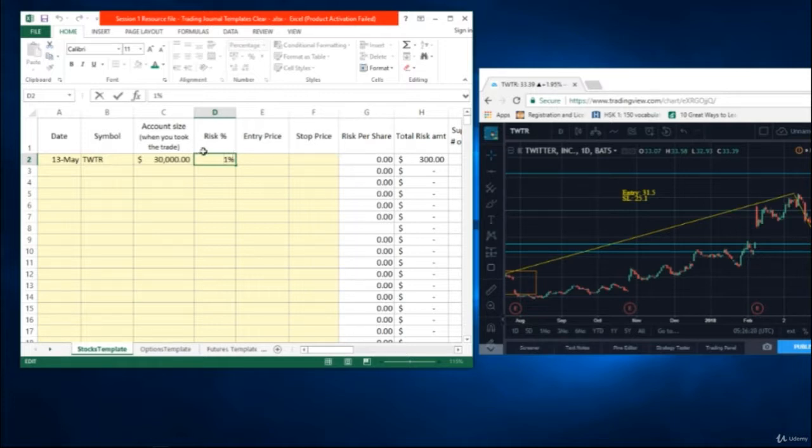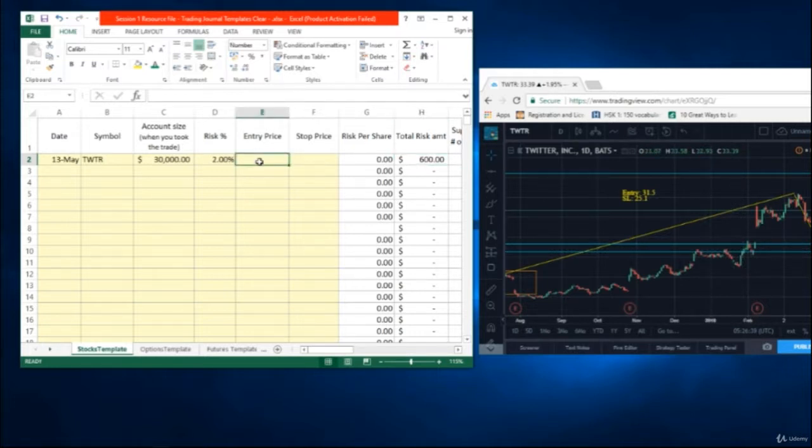If you are willing to risk $600, you can say 2%. So you are willing to risk $600 if it hits your stop loss.